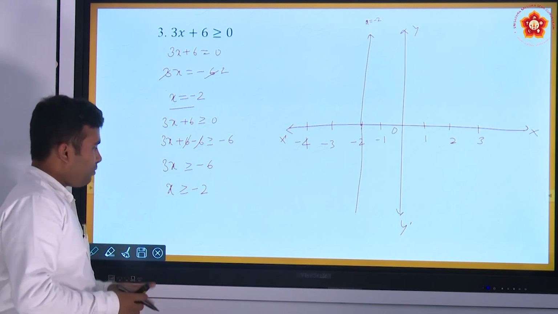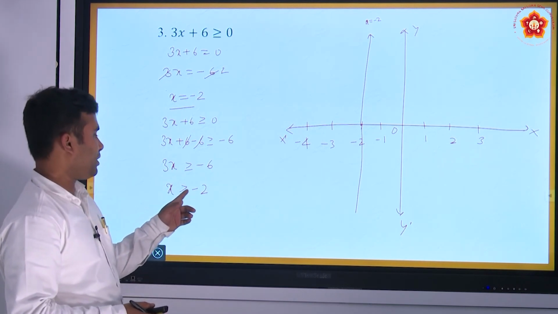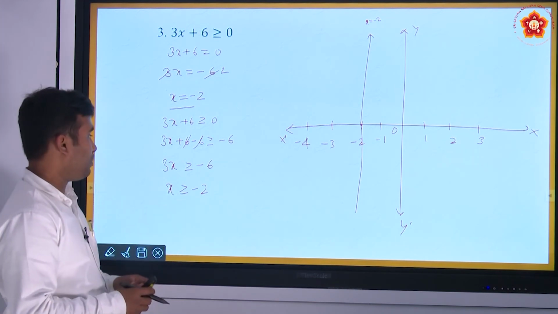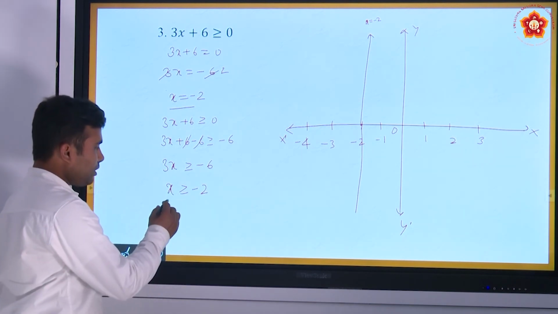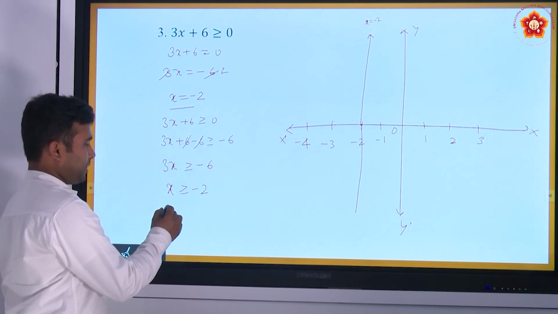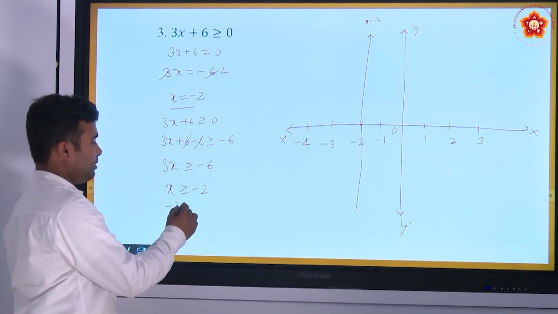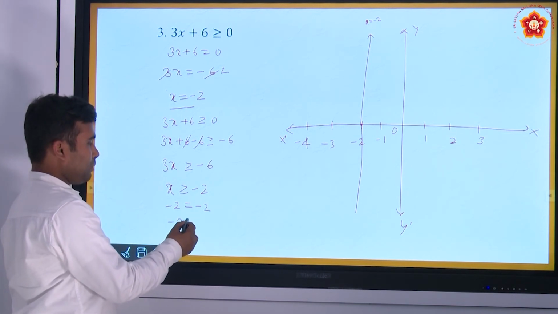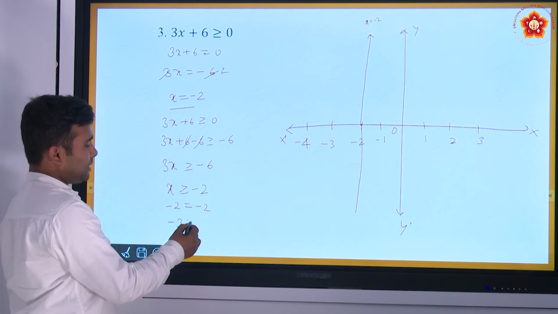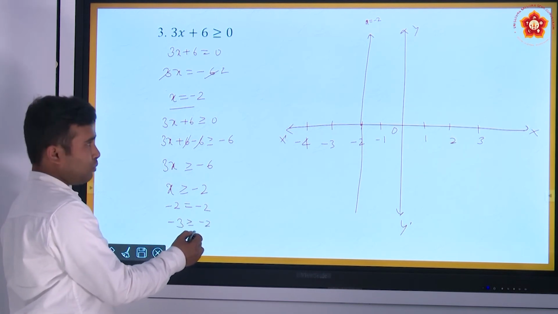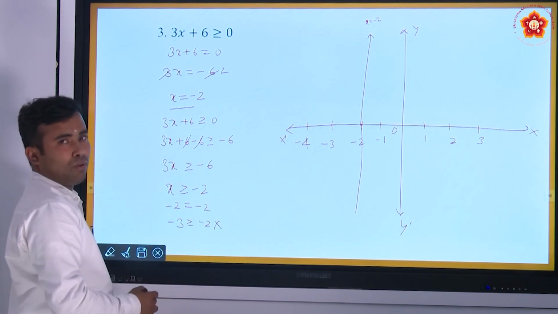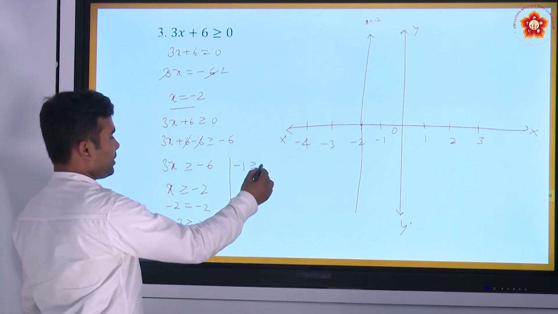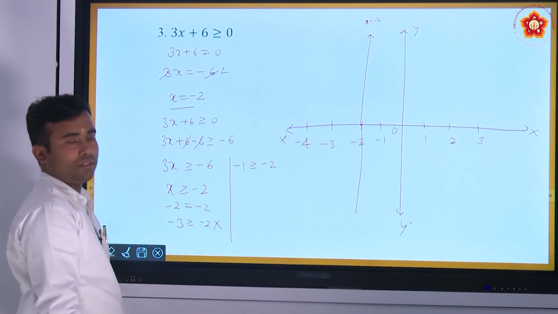Means that we can take any values which are less than or equal to minus 2, sorry, greater than or equal to minus 2. Now you take, for example, minus 2 for x, which is equal to minus 2, understand. If I take minus 3, is it greater than or equal to minus 2? No, this is false. If I take x equal to minus 1, which is greater than or equal to minus 2, right?